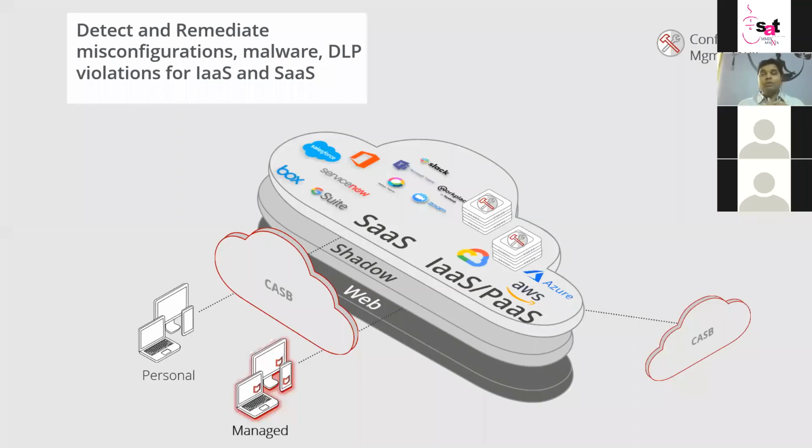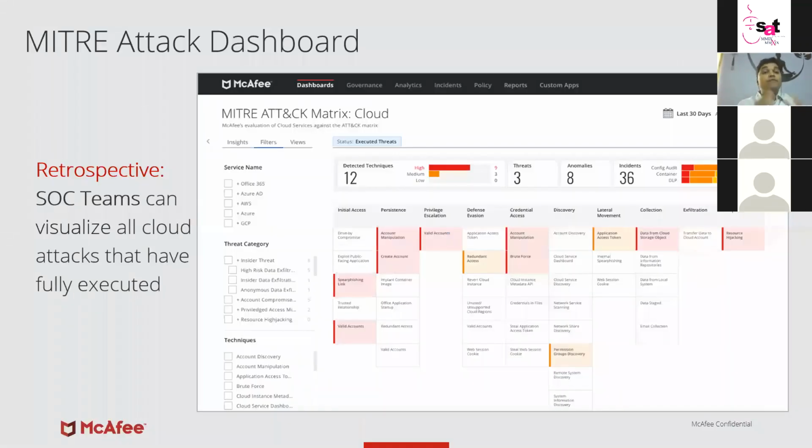From a compliance, governance or SOC perspective, we also map all the threats coming up in the MVISION Cloud dashboard, whether from infrastructure as a service or from SaaS, against the cloud-specific MITRE ATT&CK framework, and map them into techniques and tactics. So you get to know what's happening, at what stage it is, or if something is already happening, what it is, who the user is, who the application is, and what the permission is.